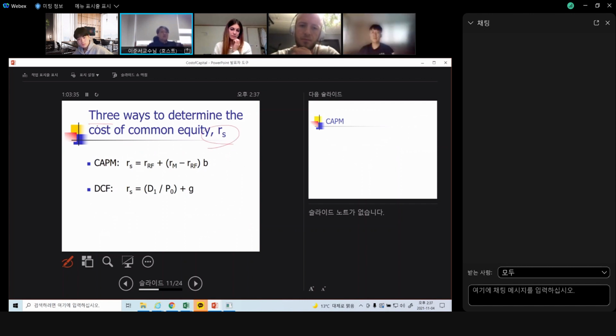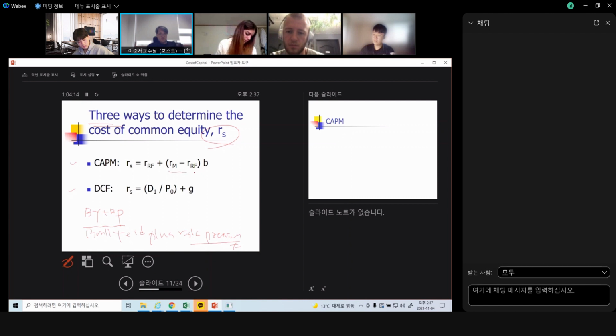There are three ways, but I let you know two of them. The other one is the bond yield plus risk premium. I erased it because this is a ballpark estimation, so in reality it's not used, but just for your reference. In this equation, the risk premium is not equal to the risk premium when we calculate the CAPM.